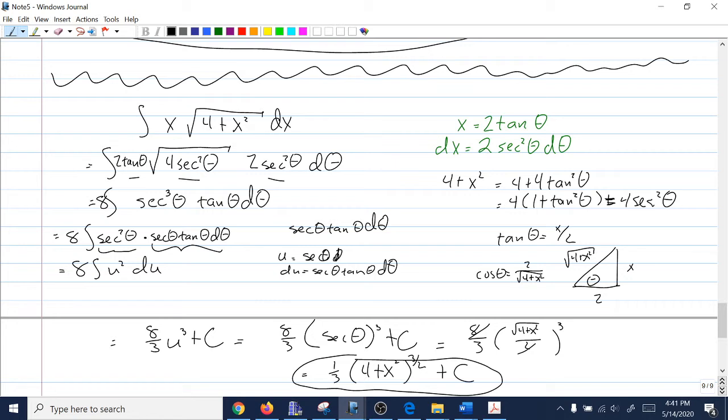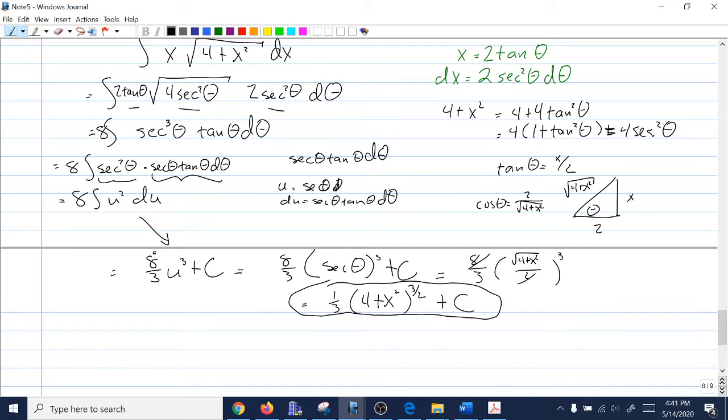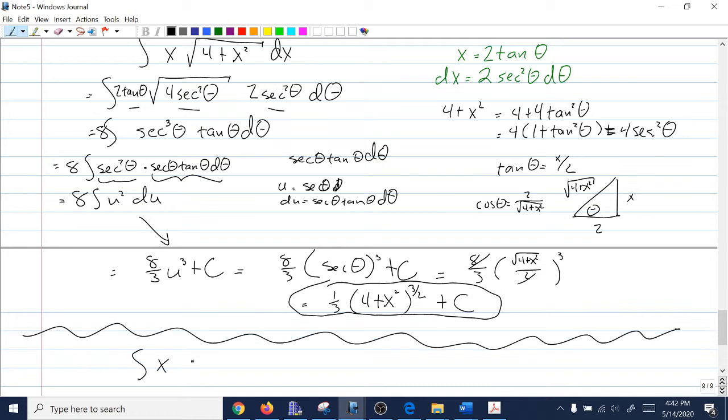Cool. After you do a problem like this, when the thing goes really simply, what went really simply? I guess the integral happened very, very easy. That's sometimes a sign that there was a much easier way to do this. If I look at the original problem, integral of x root 4 plus x squared.